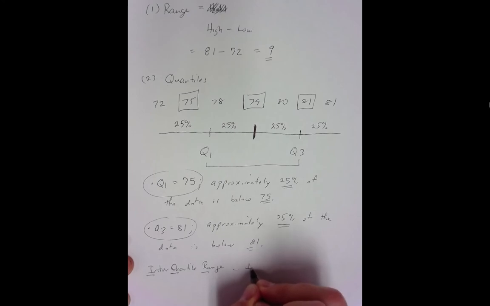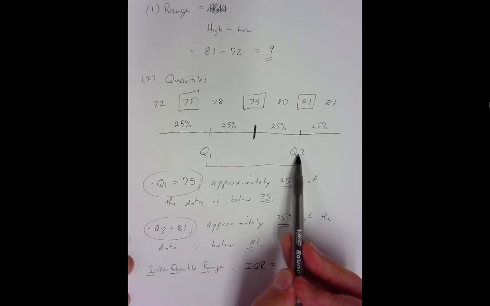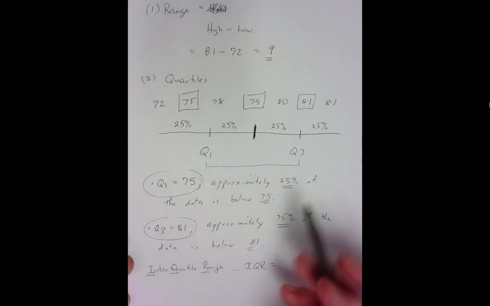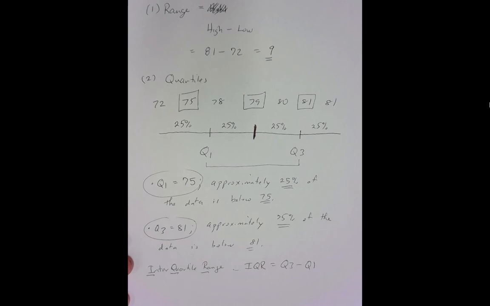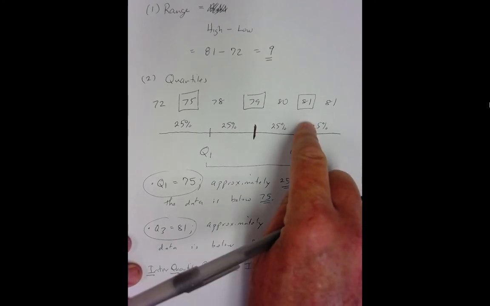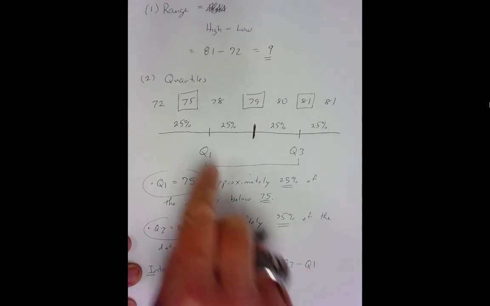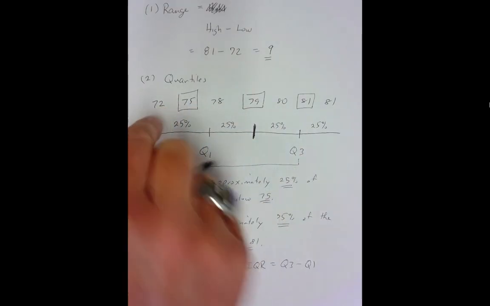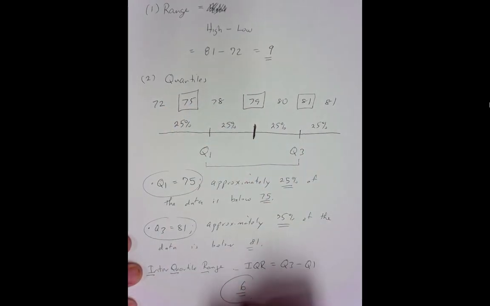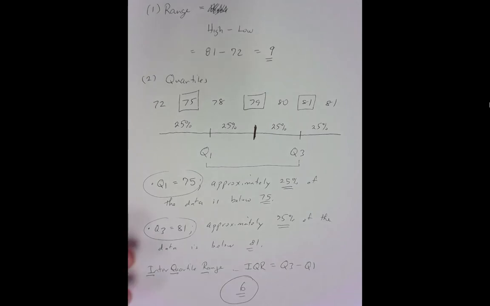So the IQR is precisely that. It's the difference between Q3 and Q1. If you can subtract, once you find Q3 and Q1, to find the IQR, all you need to do is subtract the two. Q3 is 81. Q1 is 75. 81 minus 75 is 6.